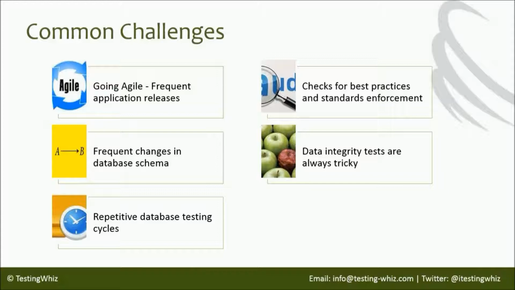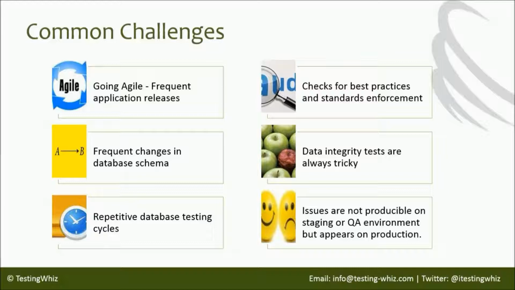As we mentioned earlier, repetitive database testing cycles are really tough unless regression aspects are set, because every now and then the application is getting released, and once it is released, there should be constant monitoring happening. So be it Christmas, be it Sunday, or be it Saturday night, there should be somebody who keeps an eye to check things are okay or not, and it is only a machine who can do this, right?